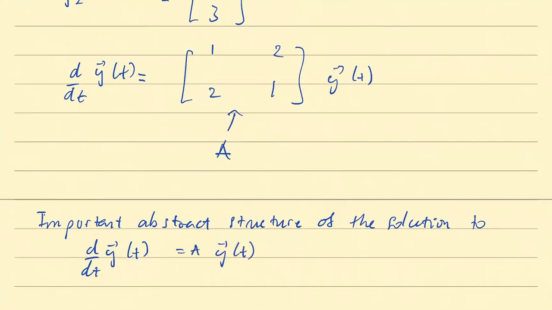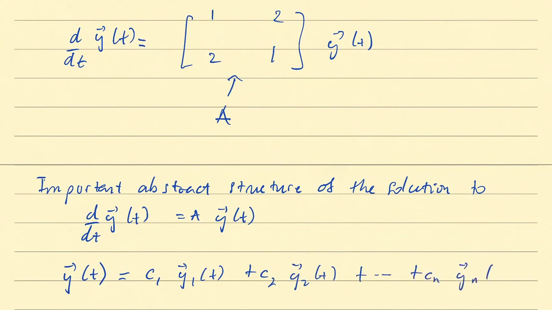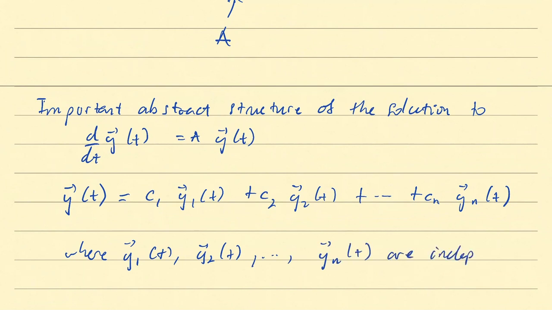So the linear system is this, and when you see this, this is homogeneous, and you will always expect the solution to be like this: c1 y1 plus c2 y2 plus ... plus cn yn, where c1, c2, of course, are undetermined coefficients, just integrating constants, and y1, y2, ..., yn are independent solutions to be found.